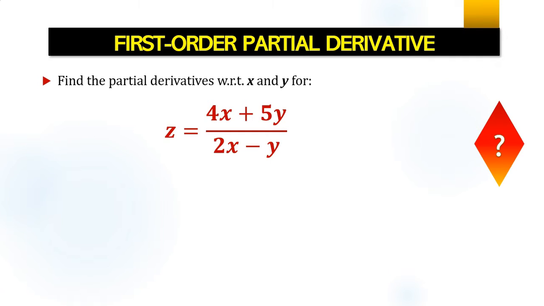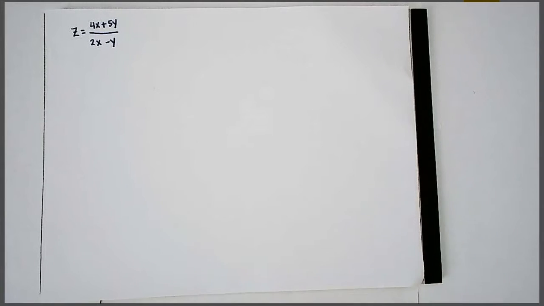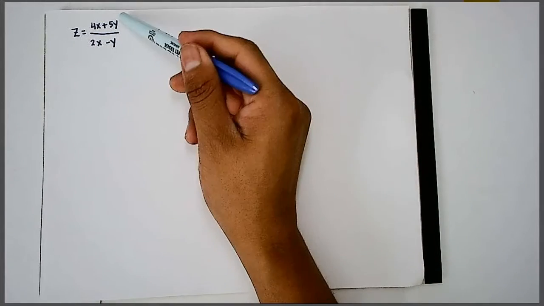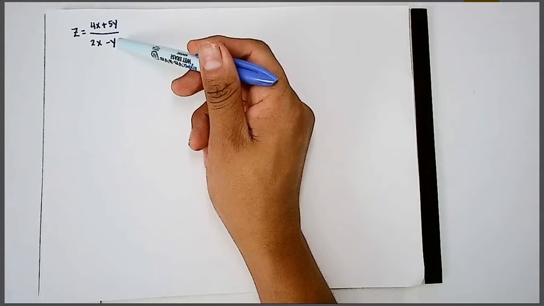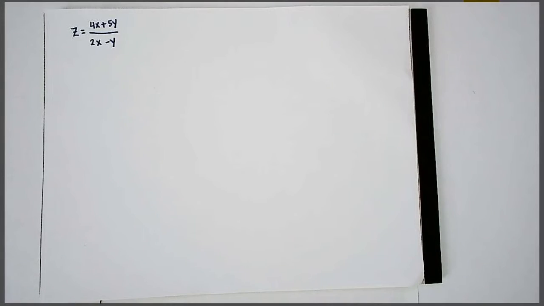Now let's solve the case of a division. Here we have 4x plus 5y divided by 2x minus y. Because x appears in the numerator and denominator, we need to use the quotient rule.